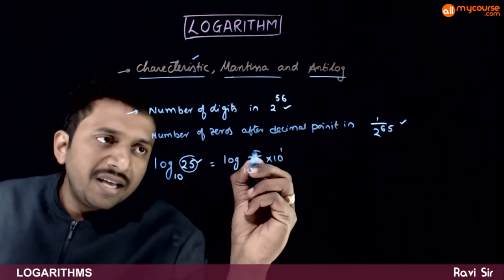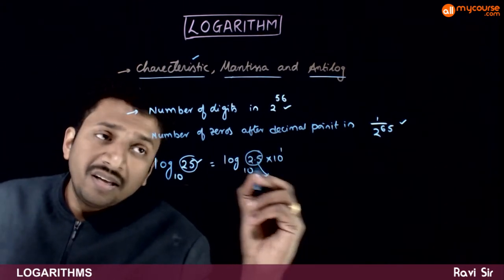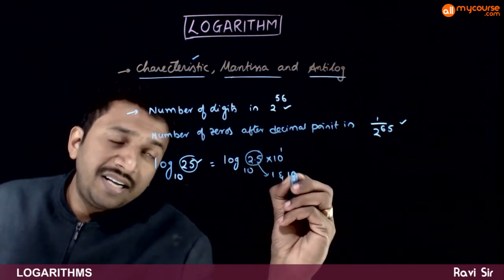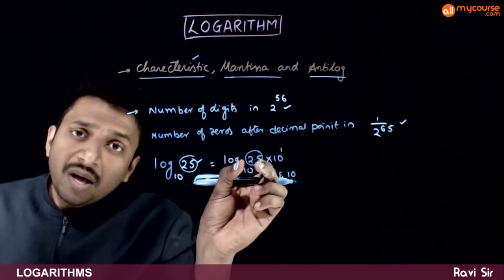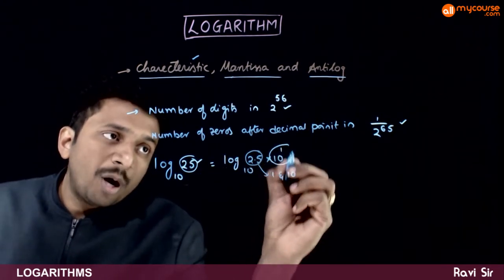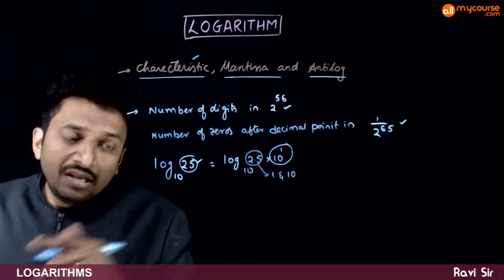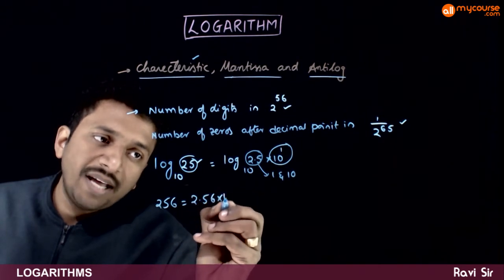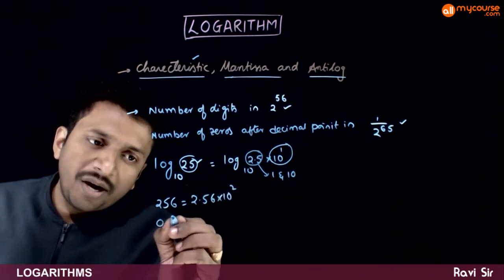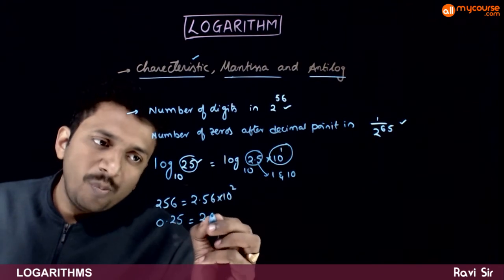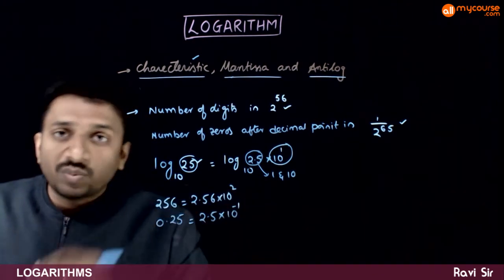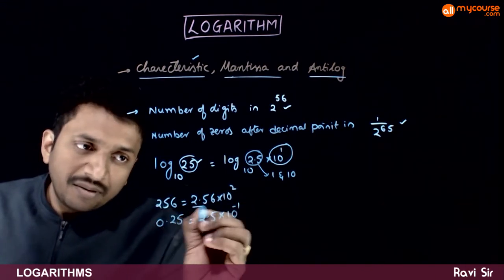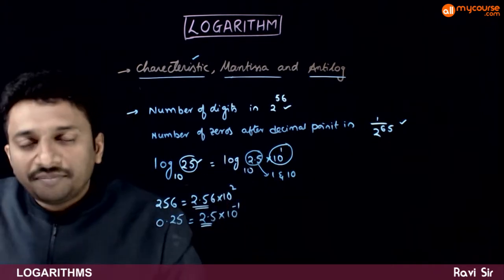I can always make this number lie between 1 and 10 and write an appropriate power of 10 after that. For example, if you have 256, I can always write it as 2.56 into 10 square. If I have 0.25, I can write it as 2.5 into 10 power minus 1. So I can always use appropriate powers of 10 and bring this number between 1 and 10.